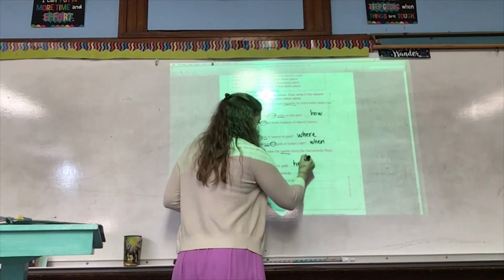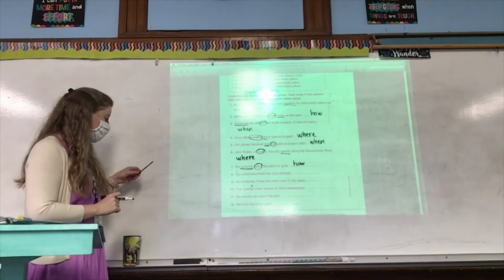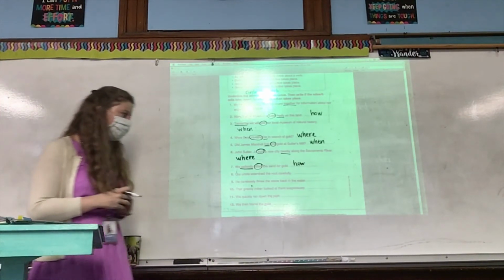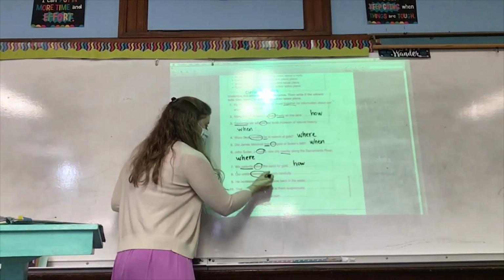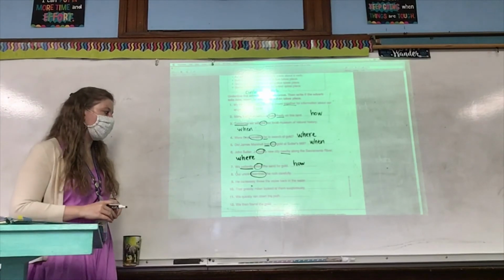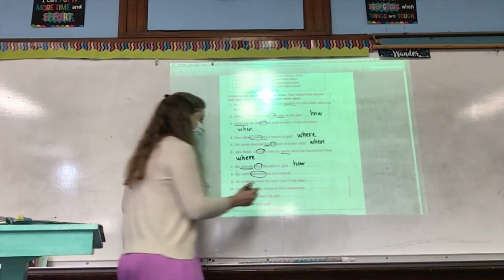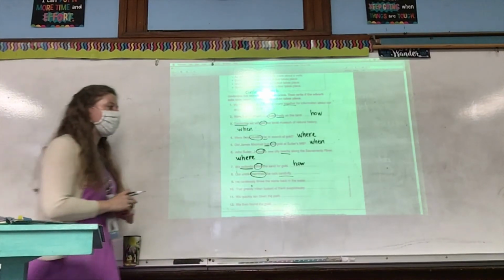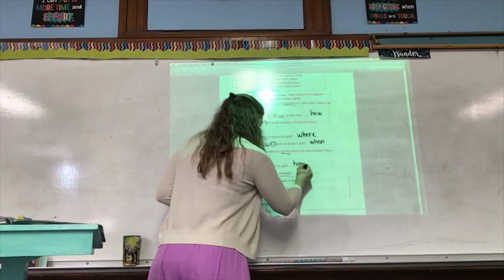We did it patiently. Number 8, our uncle examined the rock carefully. Lena, which is the verb? Examined. Which word tells how, when, or where our uncle examined the rock? Carefully. Which question did that answer? How? How did he examine it?